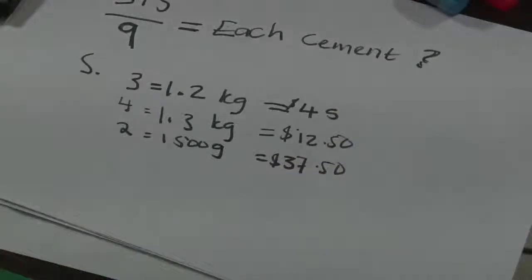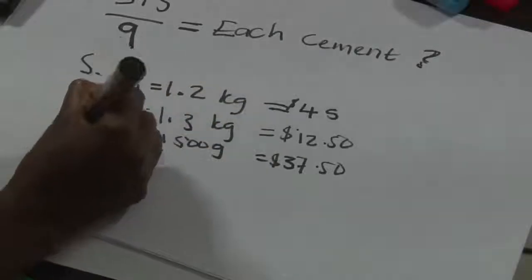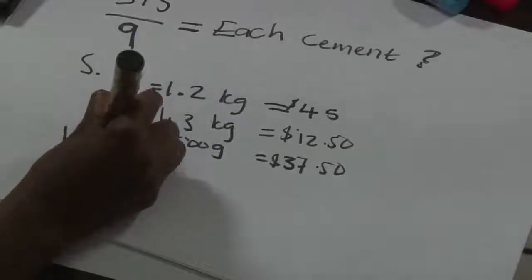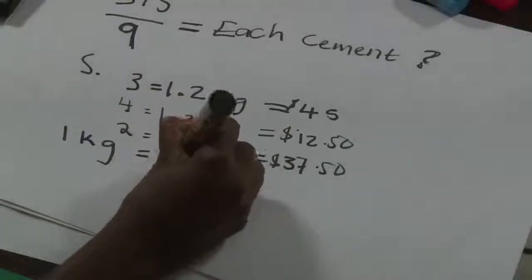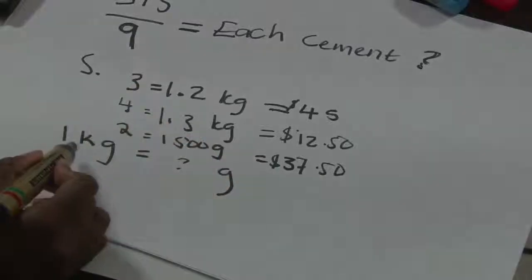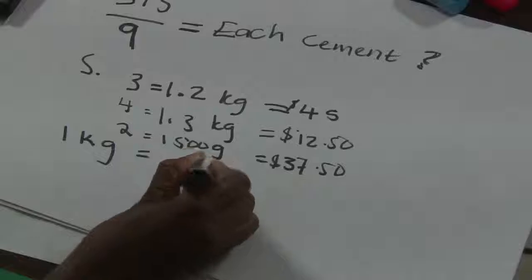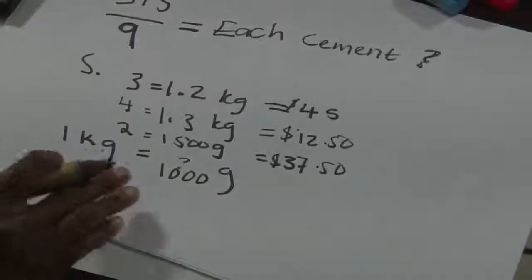Now the first question is, convert 1,500 grams to kg. First of all, you need to know, for example, 1 kilogram is equal to how many grams? We already know that 1 kilogram is equal to 1,000 grams. You should know this.